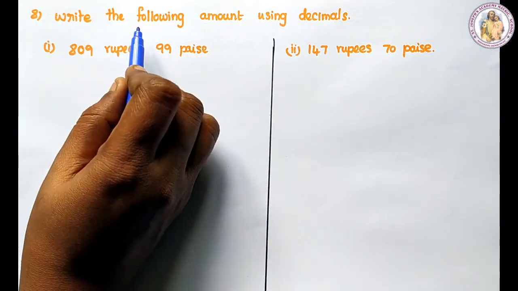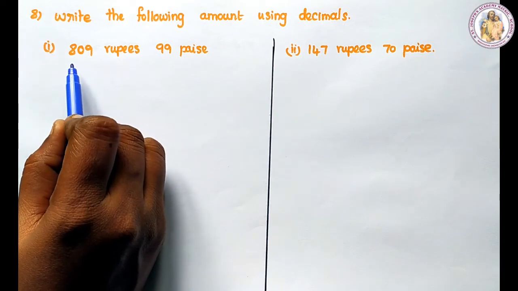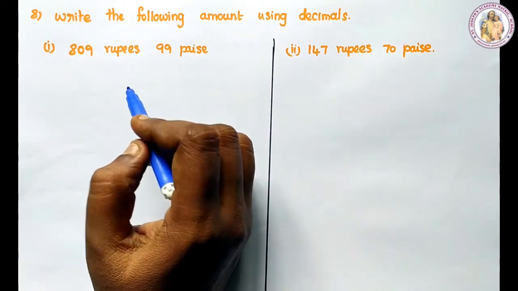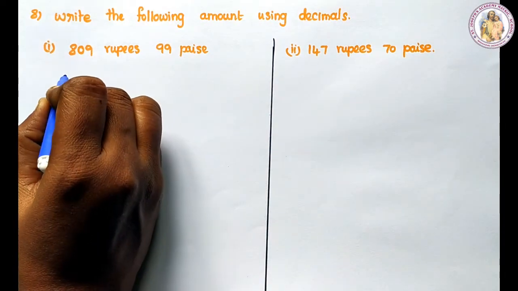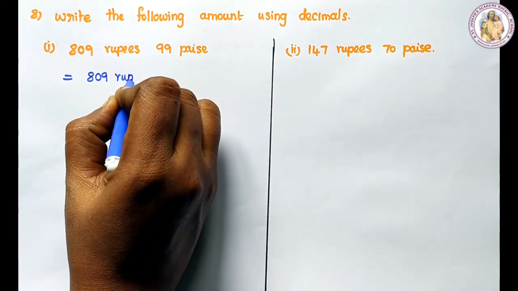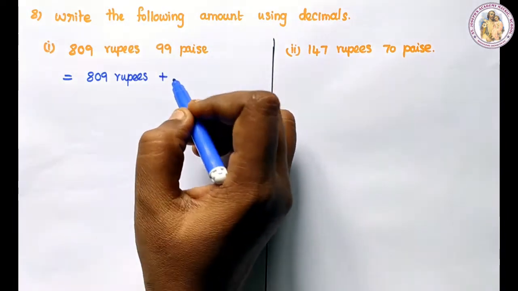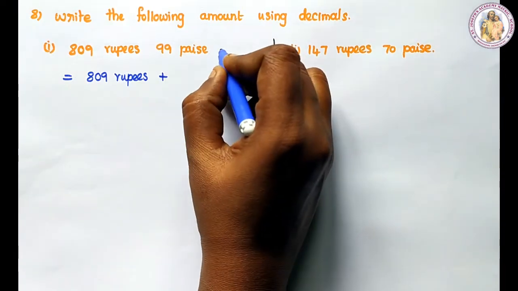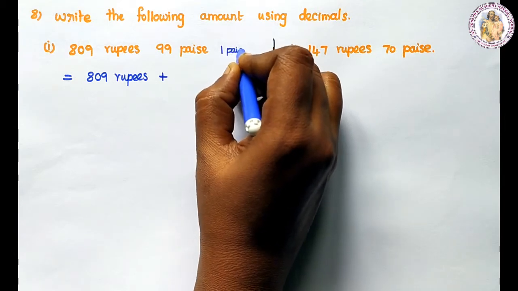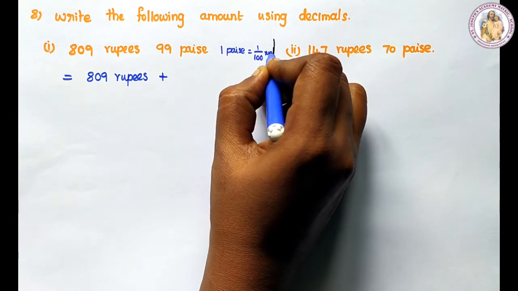Eighth sum. Write the following amount using decimals. Listen. They given 809 rupees and 99 paise. We have to change in decimal. First write down 809 rupees plus 99 paise, that is 1 paise equal to 1 by 100 rupees.